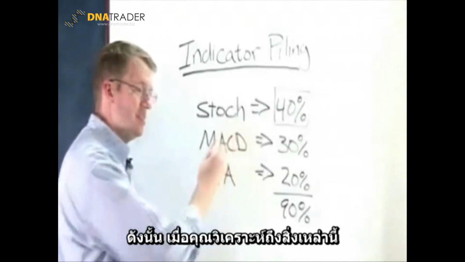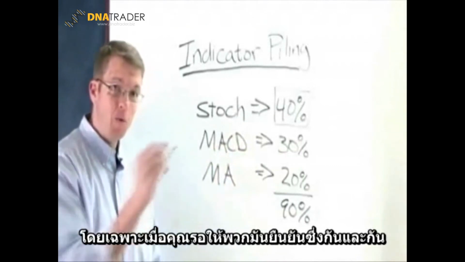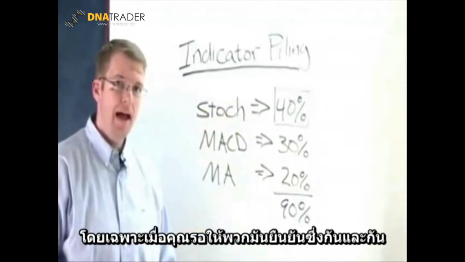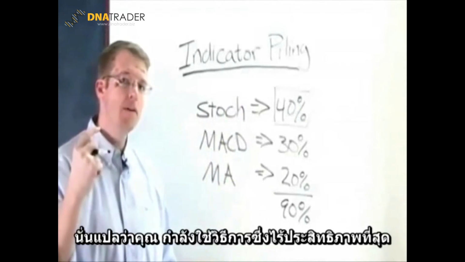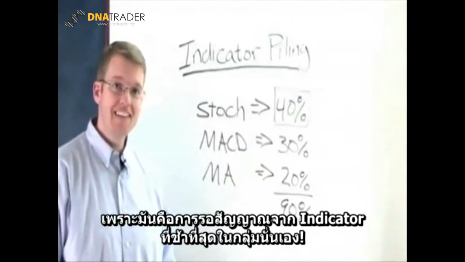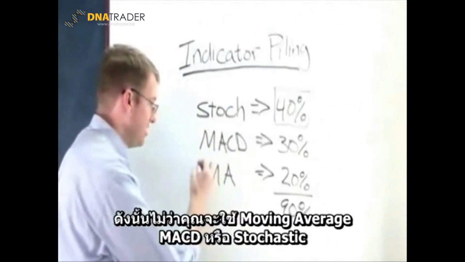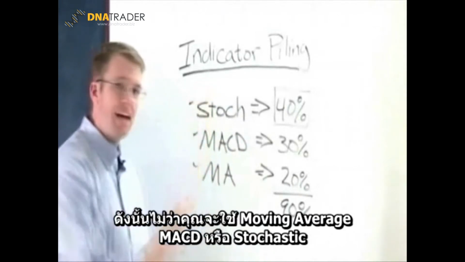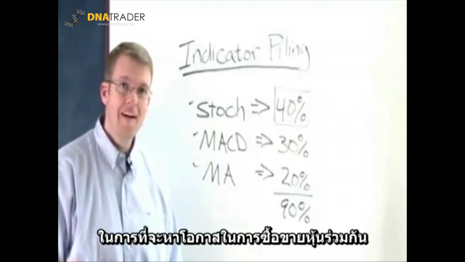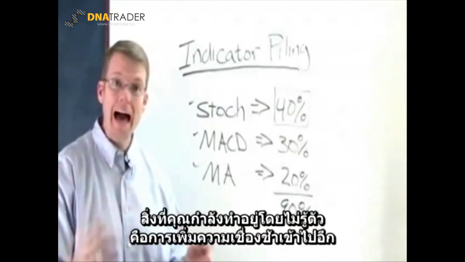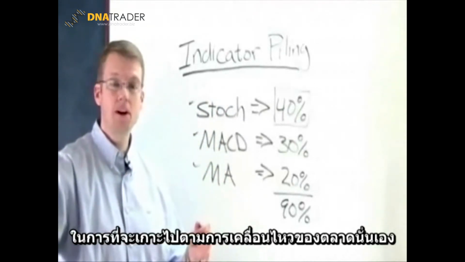So by waiting for them all to agree and indicate a buy, you have found a very efficient way to find the technical indicator out of this pool that lags the most. Whether that's the moving average, the MACD, or the stochastics in this particular trading opportunity, you've just maximized your lag in getting into the move in the market.